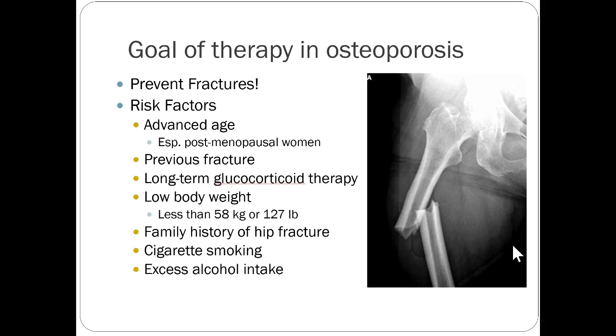It's like you've been on steroids for years because of an anti-rejection regimen for transplant. Low body weight, less than 58 kilos or 127 pounds, so smaller people. Cigarette smoking, excess alcohol, and family history as well. Those are the things you'd think about. But at the end of the day, the T-score is going to be a really important component of making sure that we're diagnosing properly as well.